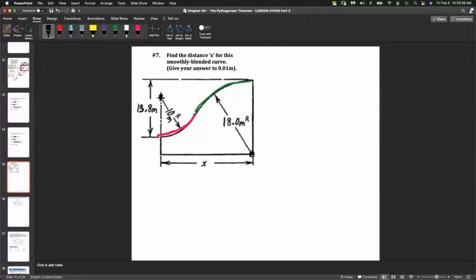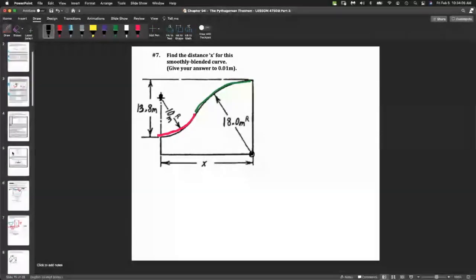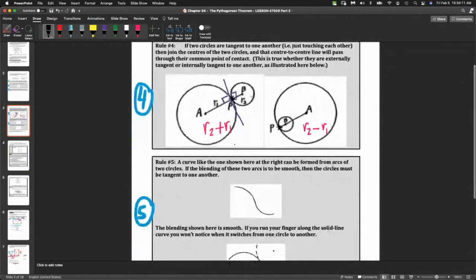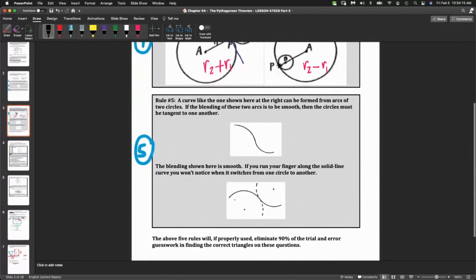The secret to this question really is that the circles will be tangent. Earlier in the chapter, I mentioned that there were 7 patterns, or rules, that you can use. Right now we're using rule number 5.